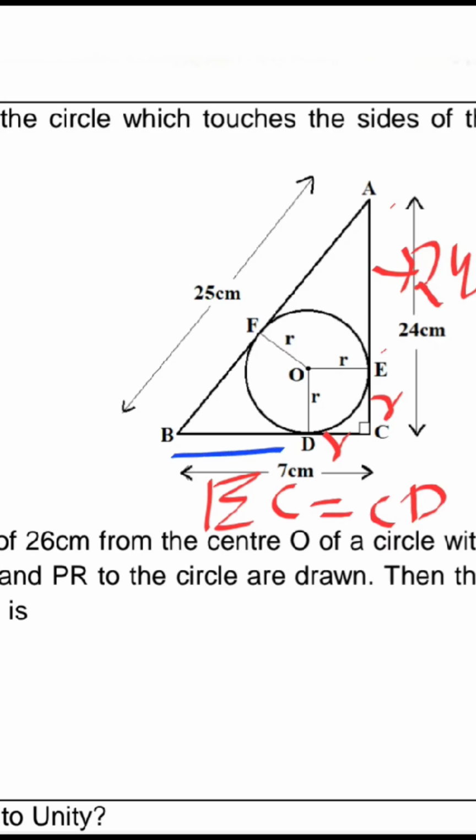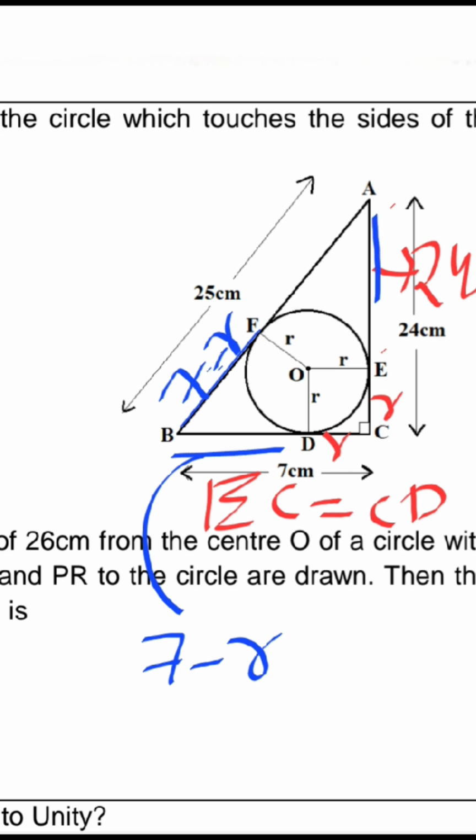This portion, how much? Total length is 7. 7 minus r. You know that this BD must be equal to BF. So BF is 7 minus r. And AF, AE side is equal to AF. This length is 24 minus r.